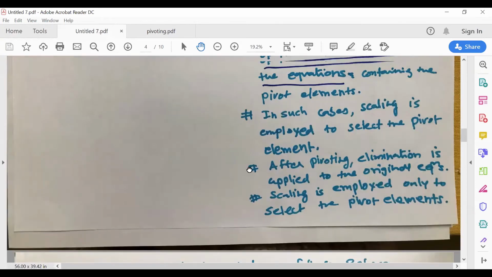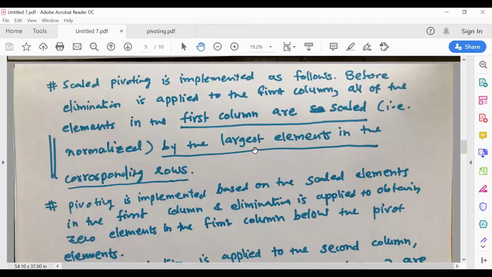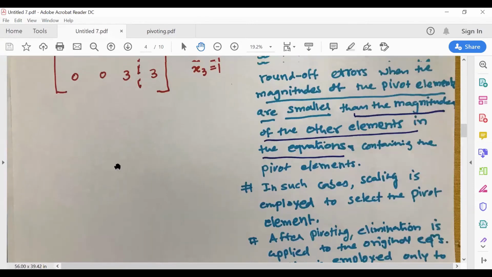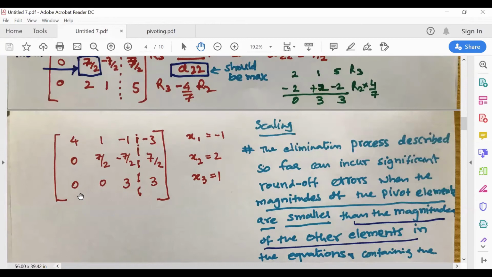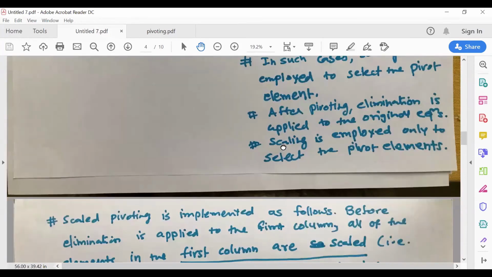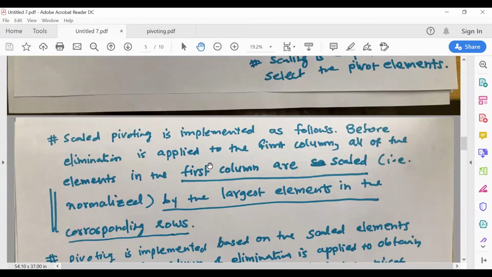Now, in the original matrix, this is the first column which we have to observe. They are saying that before elimination is applied to the first column, all of the elements in the first column are scaled.